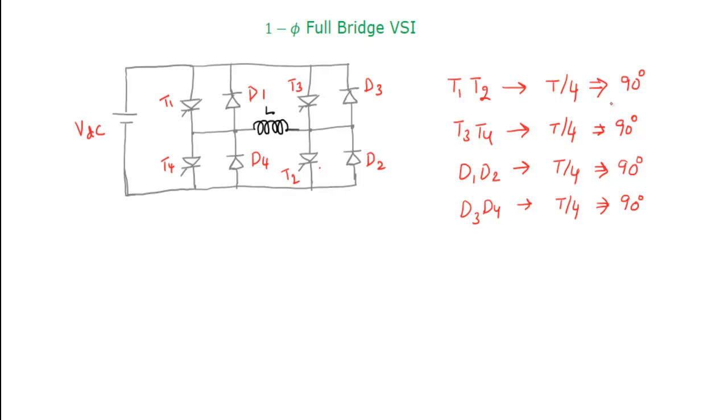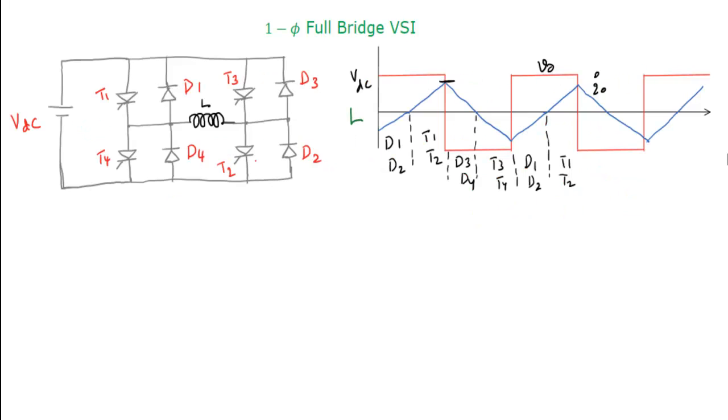Another important thing is that when constant voltage is given to the inductor, the current in the inductor will ramp. Because of this, you can conclude that the current flowing through the inductor will be a triangular waveform and the voltage across the inductor will be a square waveform. The waveform will look like this.